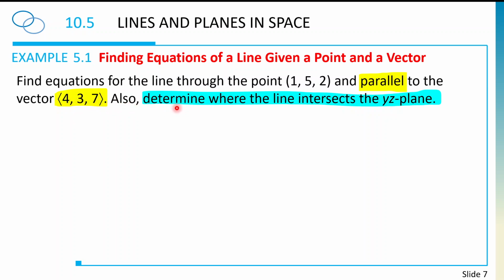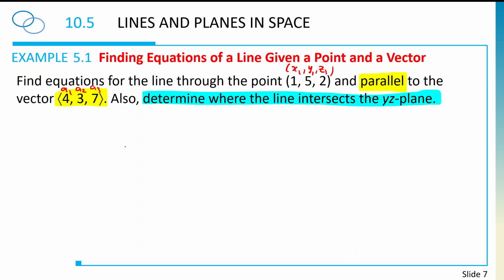Another requirement is to determine where the line intersects the YZ plane. The first thing I need you to always do is see what's given. So you have a point, which acts as x1, y1, z1, and the vector, which is a1, a2, a3.